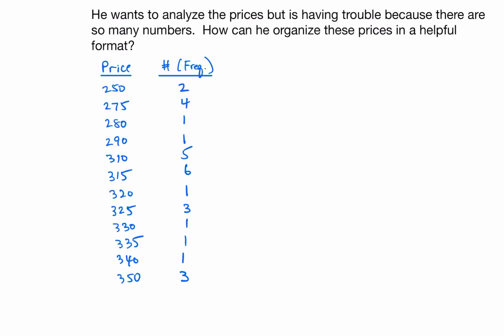So if we were to multiply these together, we would say that the total of these would be 250 times 2 is 500. 275 times 4 is 1100. 280 times 1 is 280. 290 times 1 is 290. 310 times 5 is 1,550.